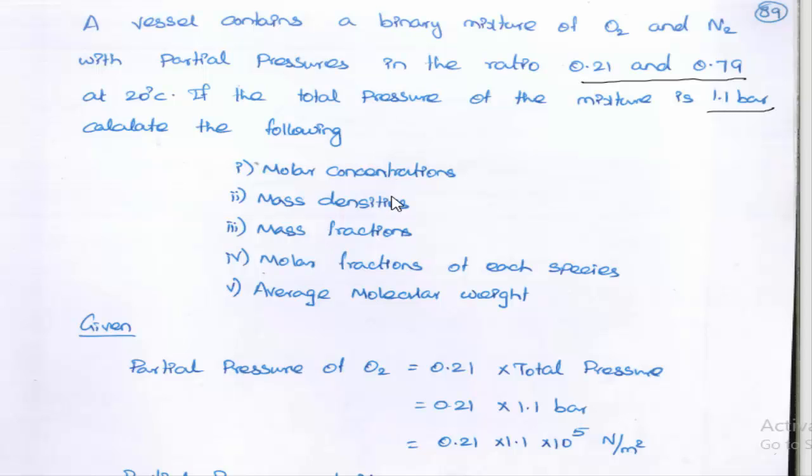You have to calculate the molar concentration, mass densities, mass fractions, and molar fractions of each species, right? It consists of two species, O2 and N2. For these two species you have to find out molar fractions and average molecular weight, right? So the given data is the partial pressures of 0.21 and 0.79, and the total pressure is 1.1 bar, right?